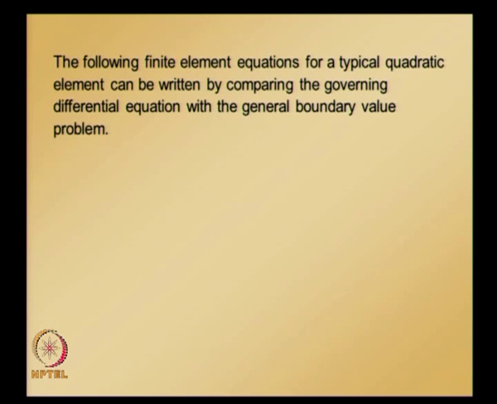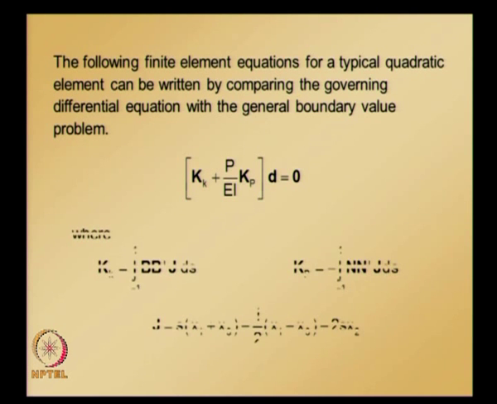The following finite element equations for a typical quadratic element can be written by comparing the governing differential equation with the general boundary value problem. That is what we did, and these are the element equations, where kk, kp and j are defined.